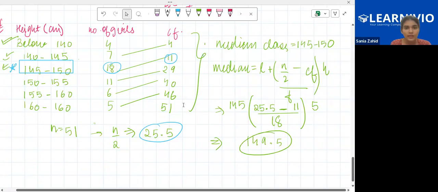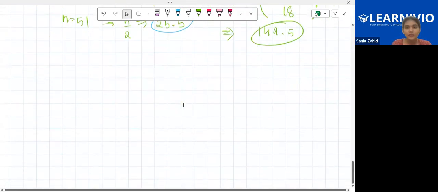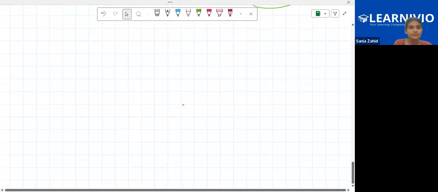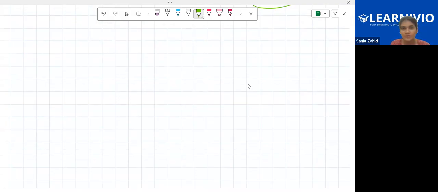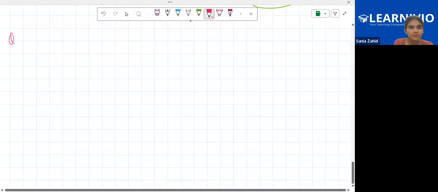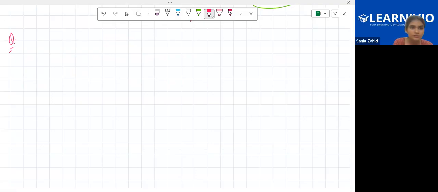So now we come to another type of question where again one of the frequencies will be missing, like we practiced in finding mean as well. The question says the class intervals are given to you, 0 to 100.